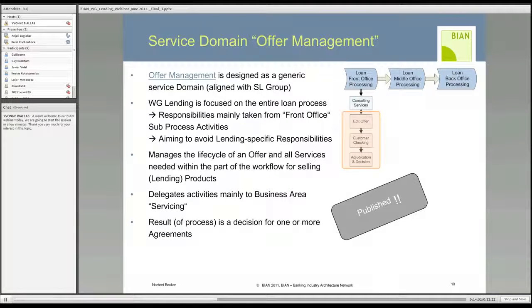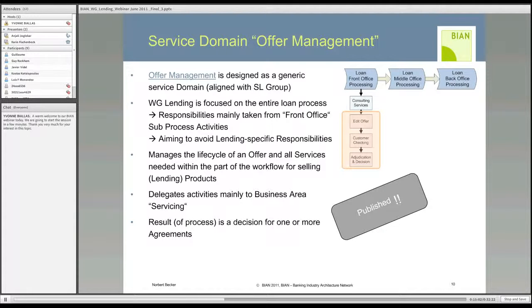Now, every service domain is defined by certain responsibilities, capabilities, and delegations. Offer management will involve services like editing an offer, checking a customer, decisioning of the offer, etc. And it essentially draws responsibilities from a typical loan front office, and delegates into the next service domains.